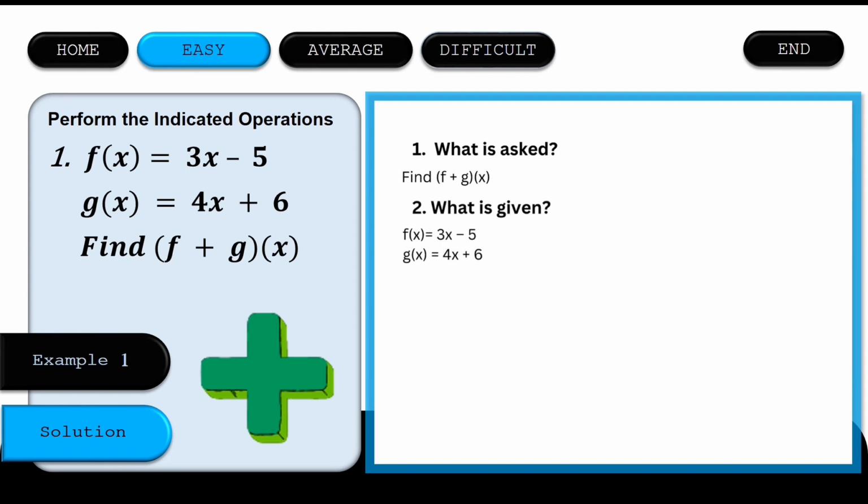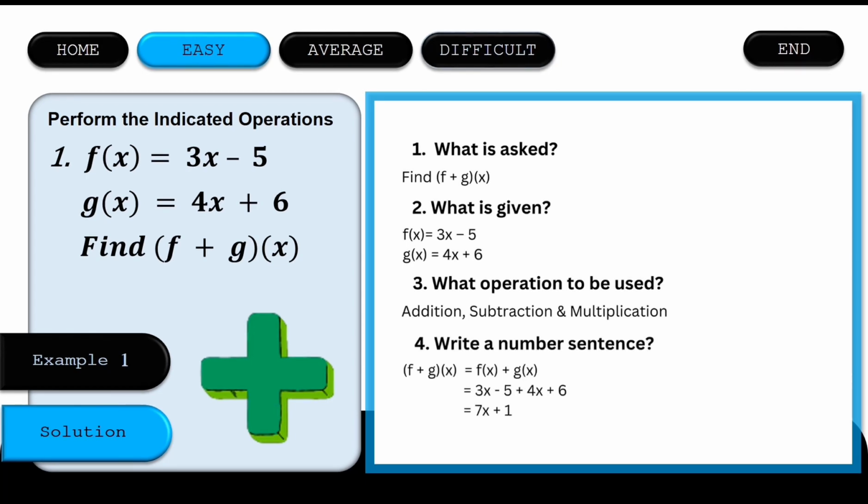Second, ang what is given. Given sa atin, ang f of x equals to 3x minus 5 and g of x equals to 4x plus 6. And the operation to be used here is addition. And to write our number sentence, indicated quantity f plus g of x. It can also be written f of x plus g of x.